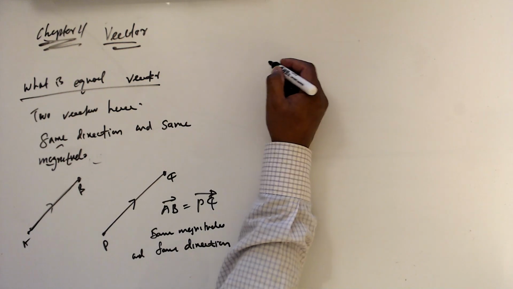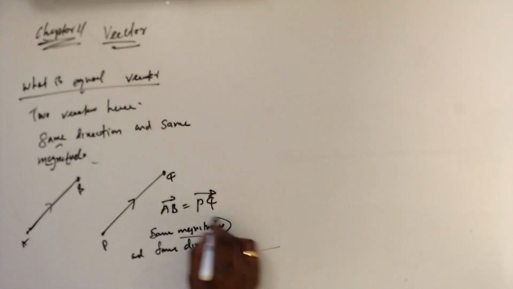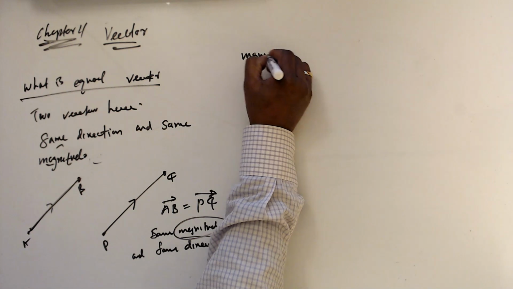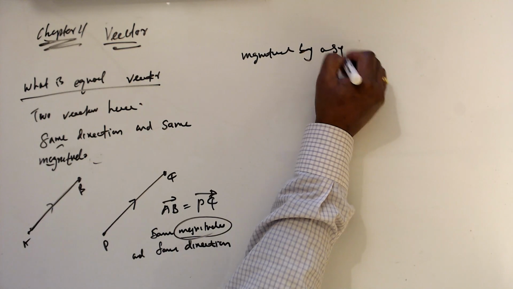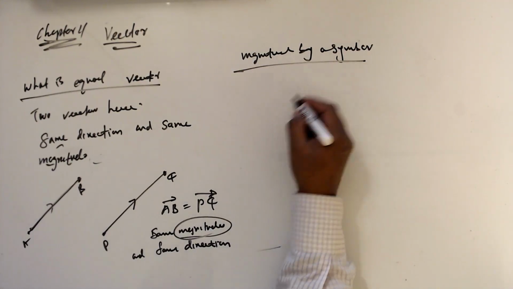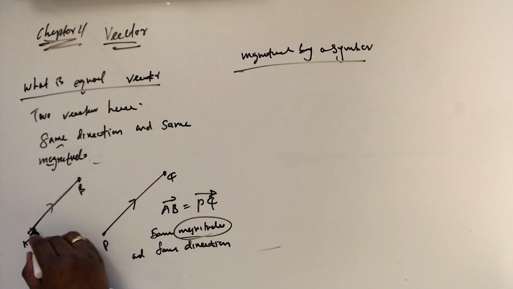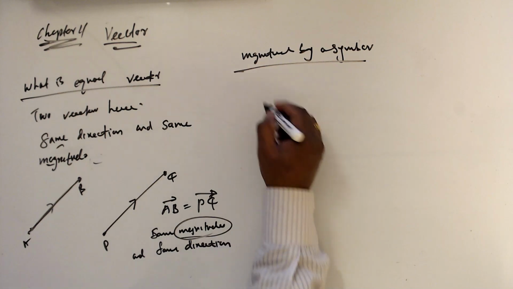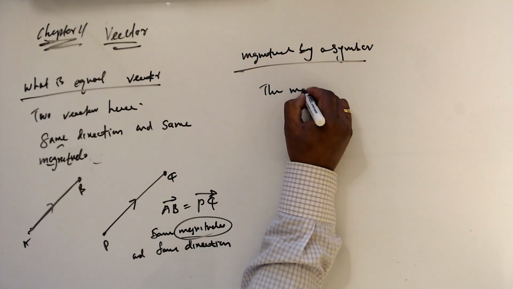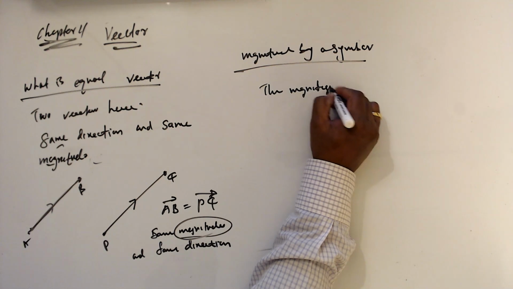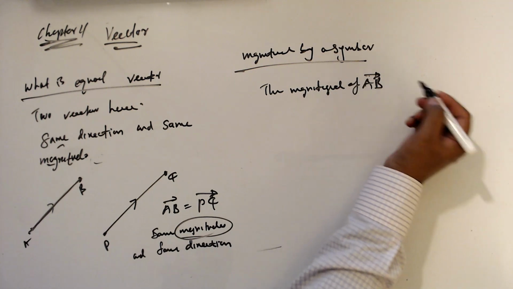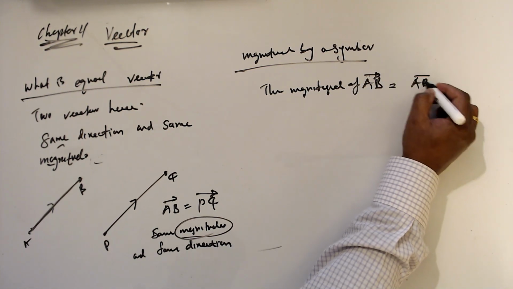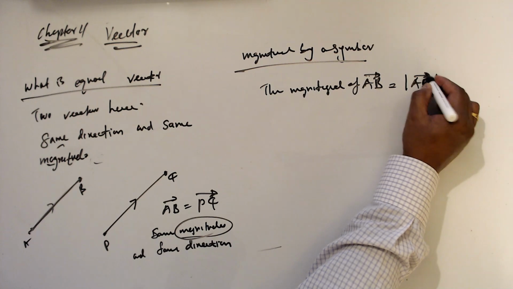Now, how do you show magnitude by a symbol? I will take this vector. How do I express the magnitude of AB? The magnitude of AB, we can write simply AB with two lines, usually like mod.